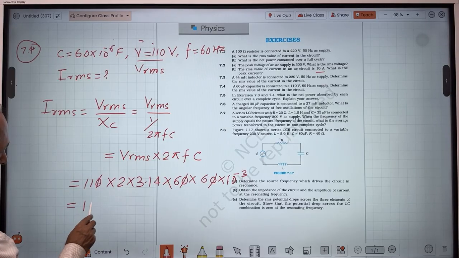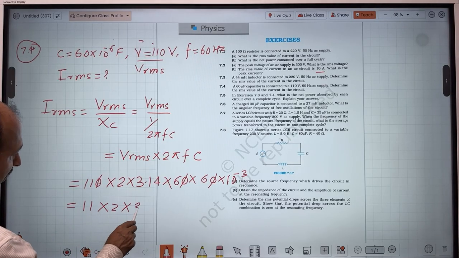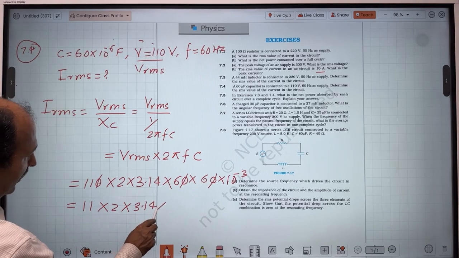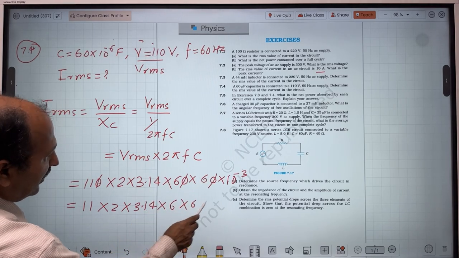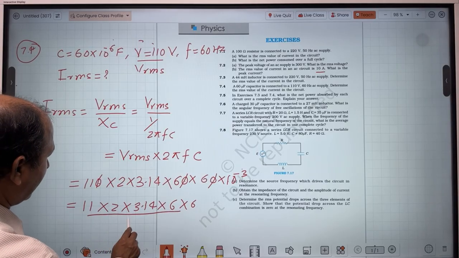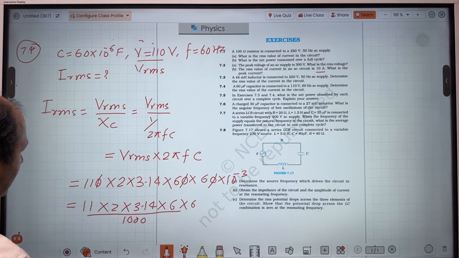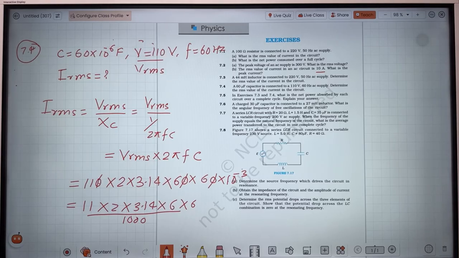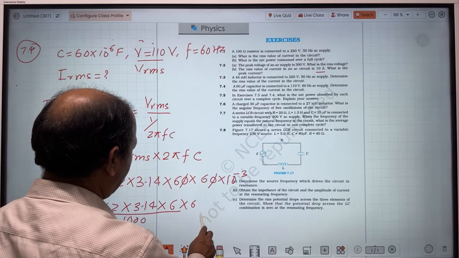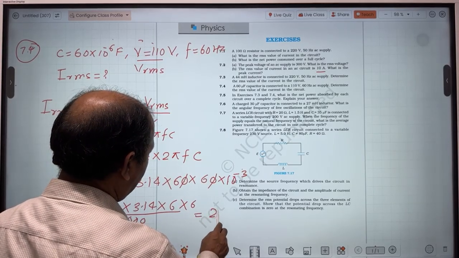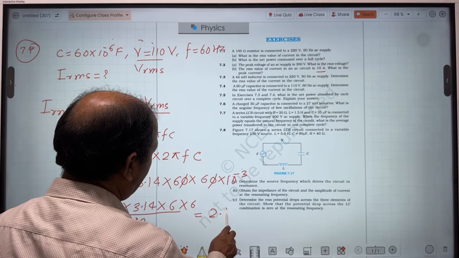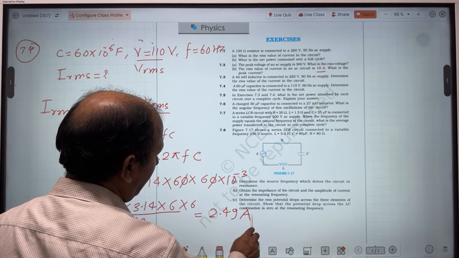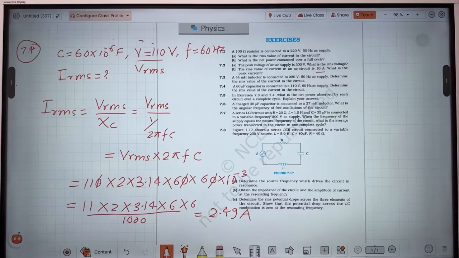So let's write it further: 11 into 2 into 3.14 into 6 into 6 divided by 1000, right? So let's multiply. Give 1 minute to solve it. It will come out to be 2.49 ampere, right?